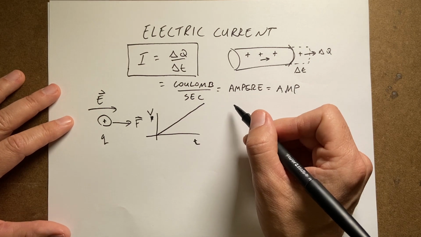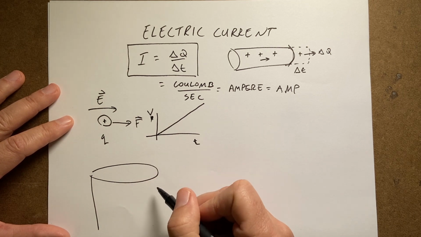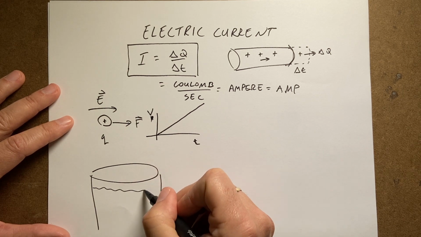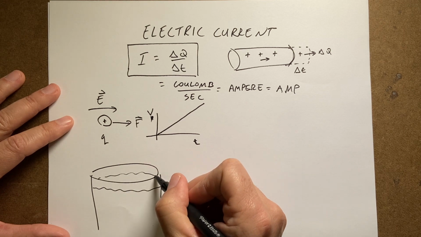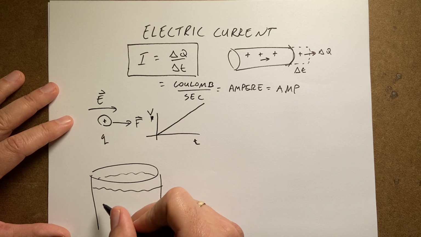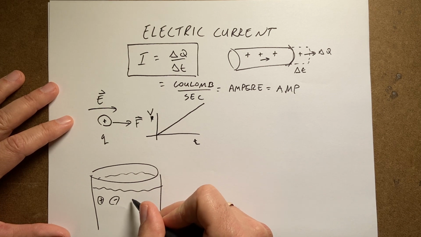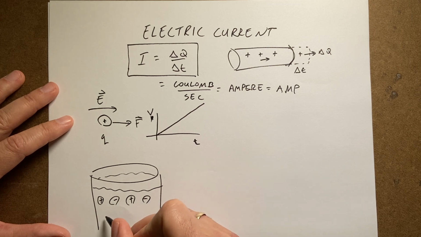Now let's say I take this. This is a container of salt water, and so it has both positive ions in it and negative ions in it, and they're moving around.